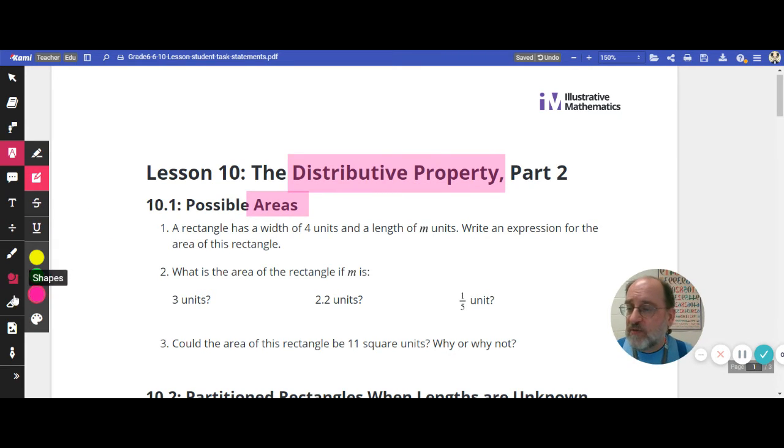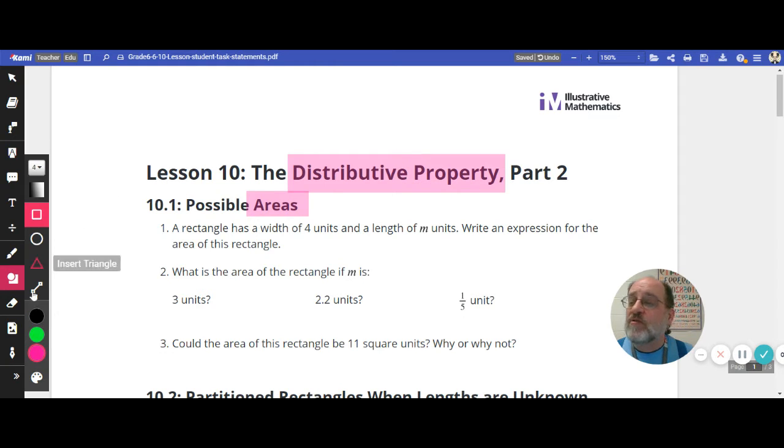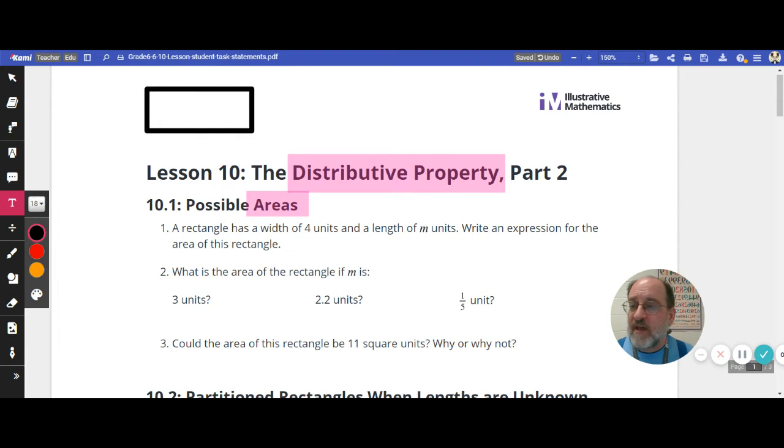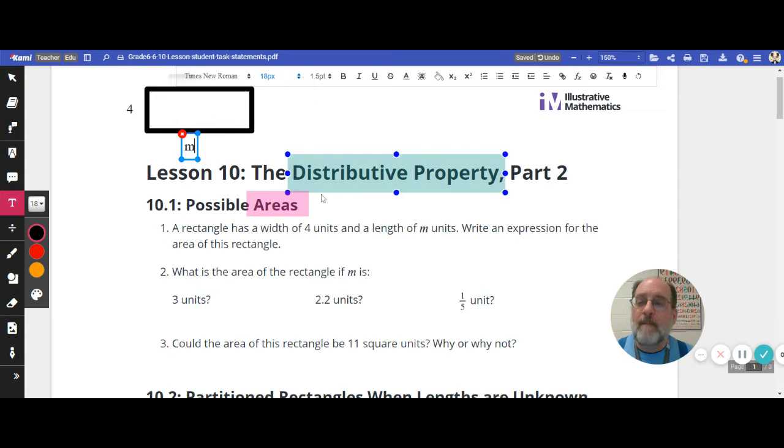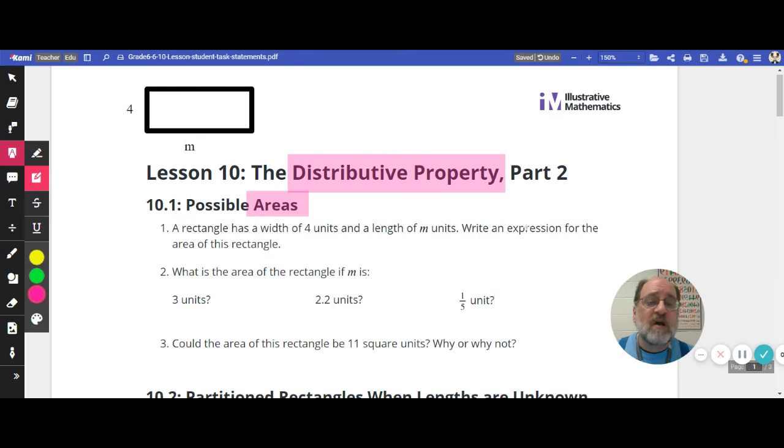And just if it helps, if you already can see this, great. But I would like to draw a rectangle that has these properties. So let's say that I've got right here, that's my width of 4, and this is my length of m. Write an expression. Now remember, we've started to talk a lot about expressions.